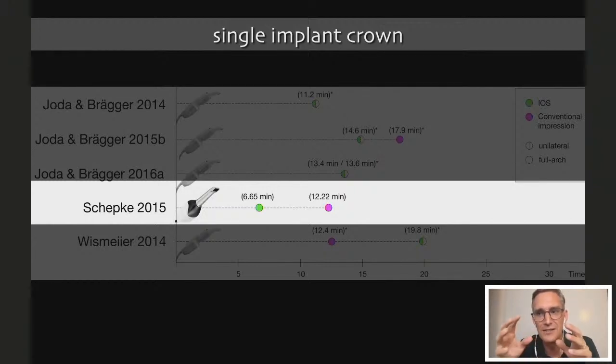So it's statistically significant. You could say 50% gain in time efficiency. Exactly, but that's not really where you are now changing the time for the appointment for the patient, right? But it's an advantage, and we are faster.